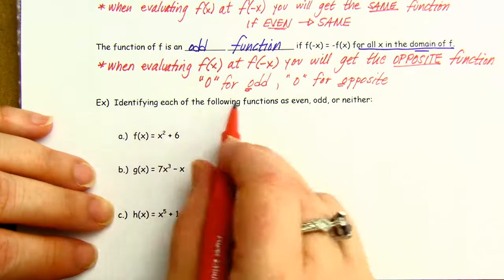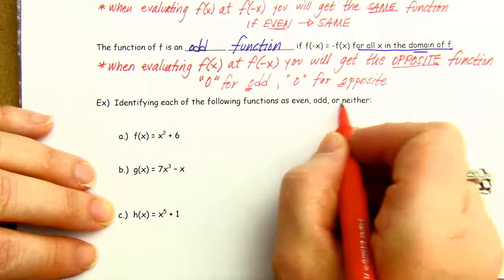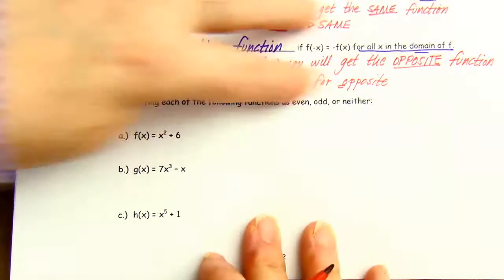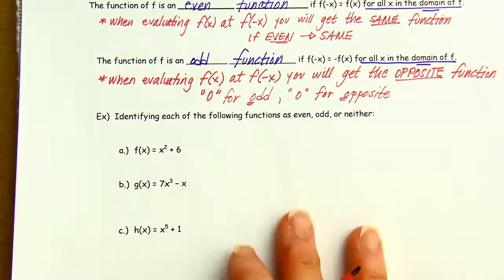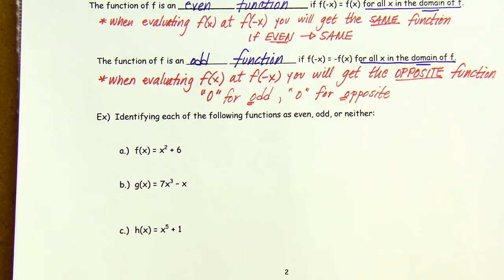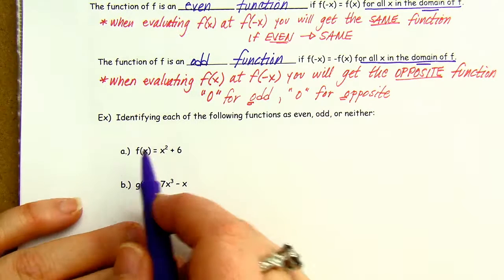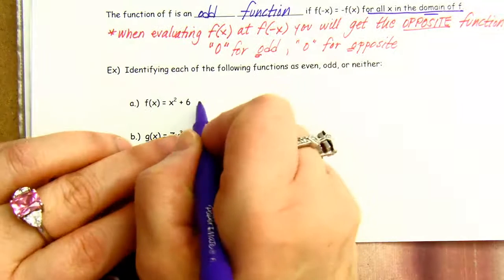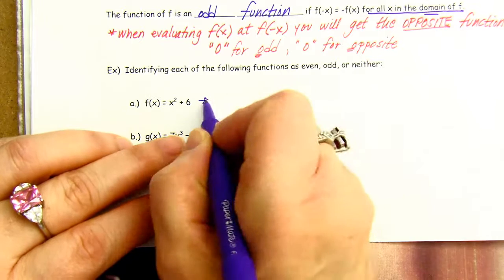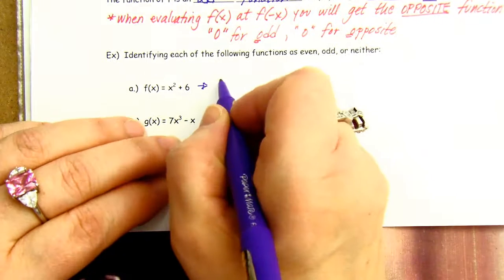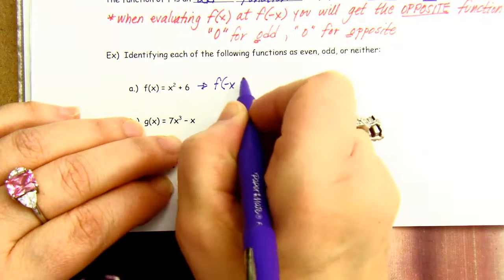Identify each of the following functions as even, odd, or neither. So if neither one of these things happens, then you have to say the function is neither even nor odd. All right, number 1. You're going to have to evaluate the function at f of the opposite of x.